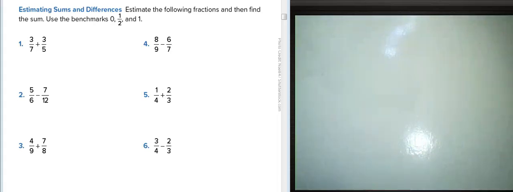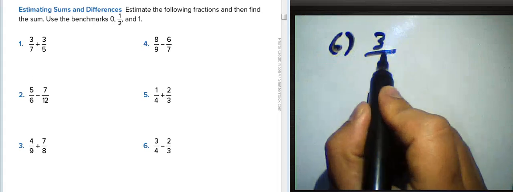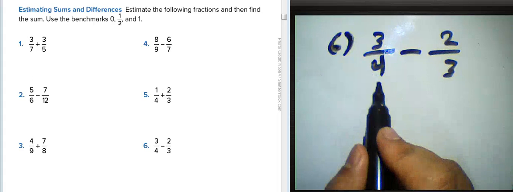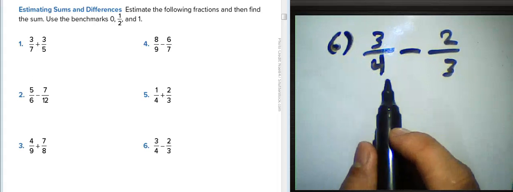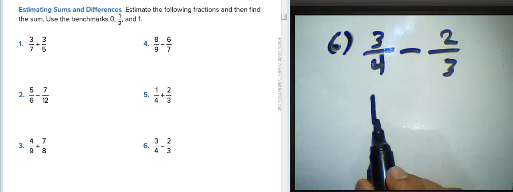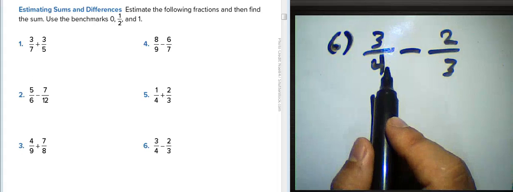What about question 6? 3 over 4 subtract 2 over 3. 3 over 4 is nearest to the whole number 1, because 3 is greater than half of 4.